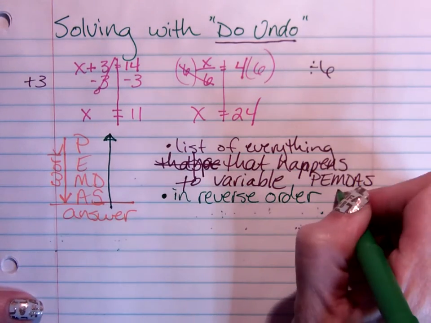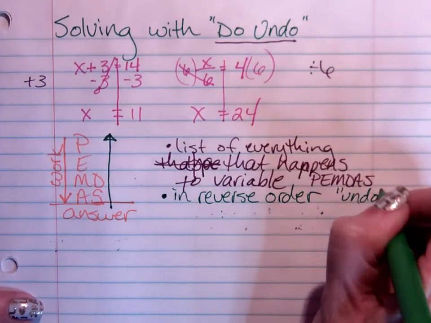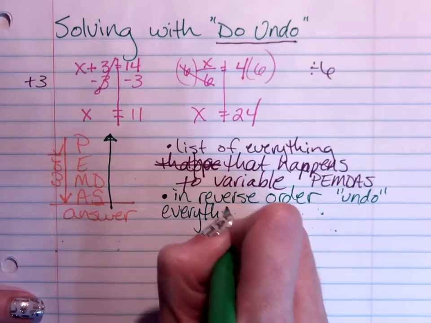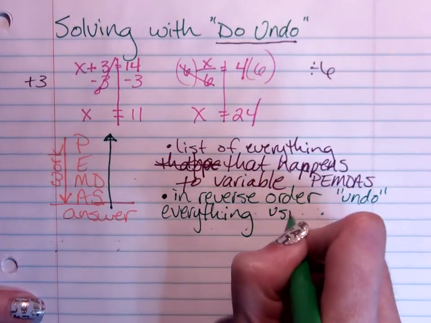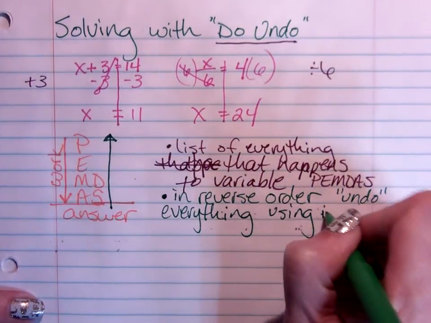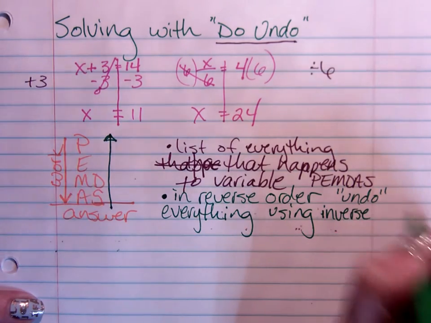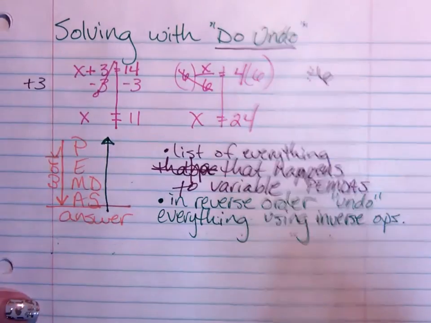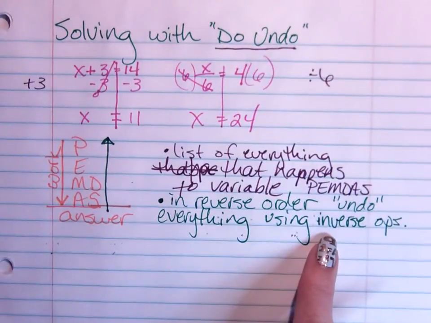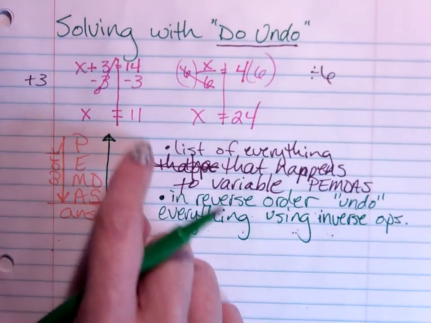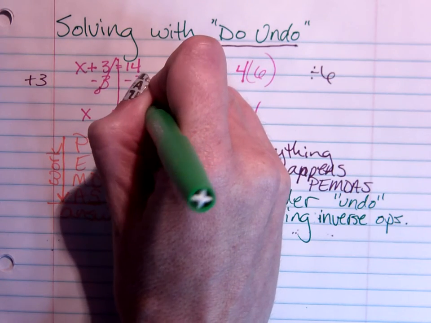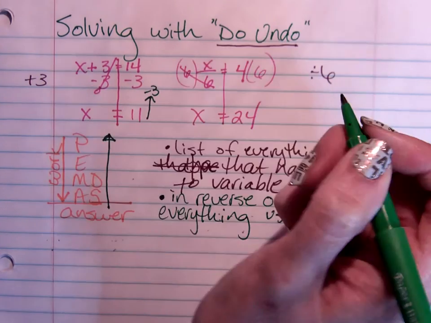We're going to undo everything that happened using inverse operations. Okay, the ones that undo them. So on this one, I would take 11, and since I'm going backwards, I would subtract 3.